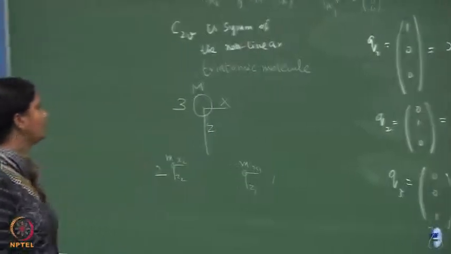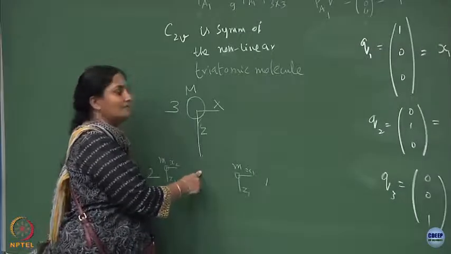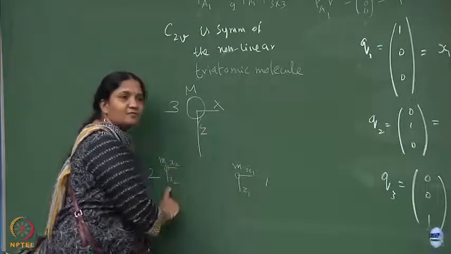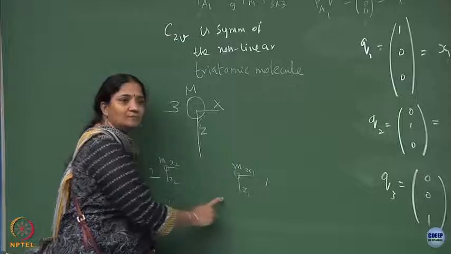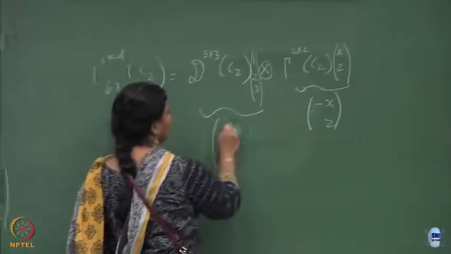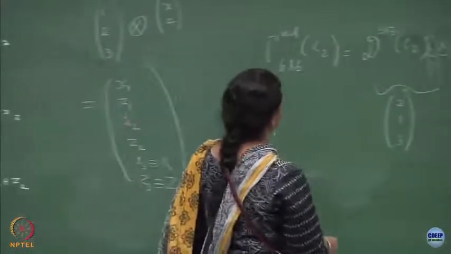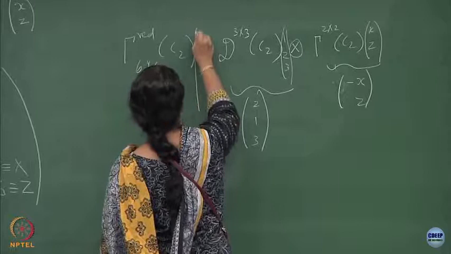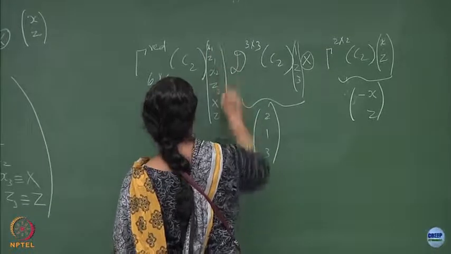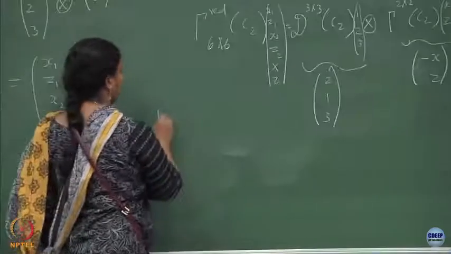So what happens when you do rotation about Z axis, as shown in this figure, 3 is untouched, 1 and 2 get exchanged. Clear? So what will that matrix be? This whole thing should give you 2, 1, 3. So what will be the matrix? So this acts on x1, z1, x2, z2, X and Z, and this is the long winded thing, and I need to determine this. So let us write what is this.